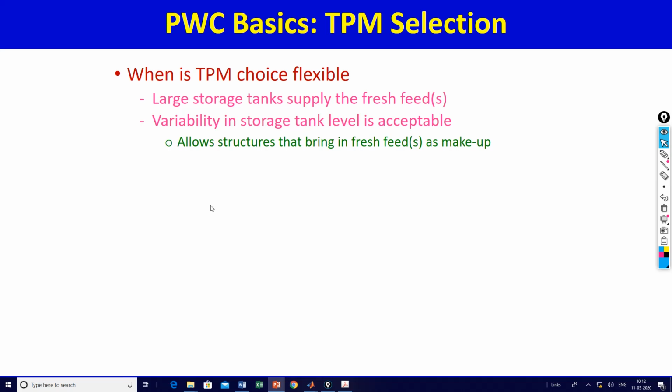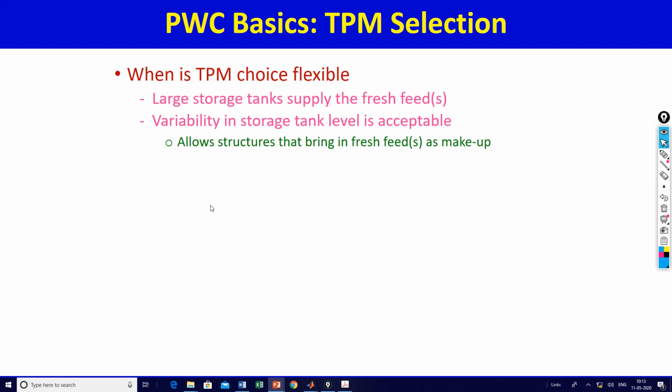can be flexible, and when it is flexible is when you have large storage tanks supplying fresh feeds, so you don't really have to have the throughput manipulator at the fresh feed, you can have it anywhere in the plant. And because there is a large tank supplying raw material to the plant, variability in the storage tank level is acceptable, and this allows control structures that bring in fresh feeds as makeup streams.